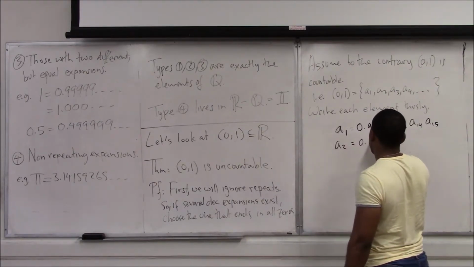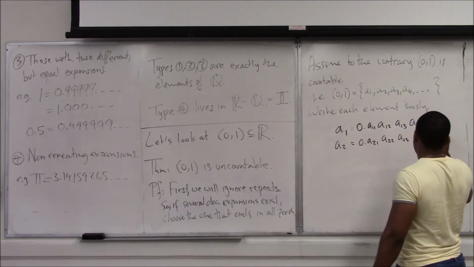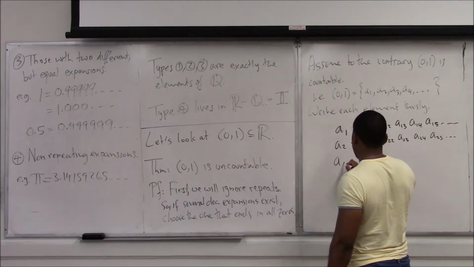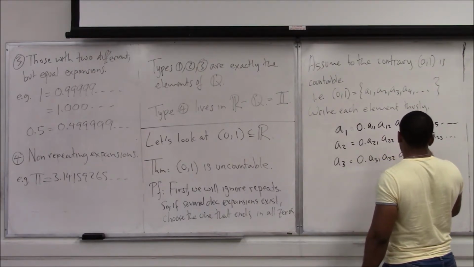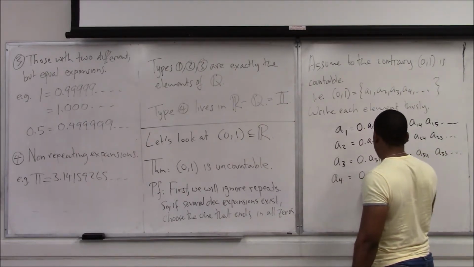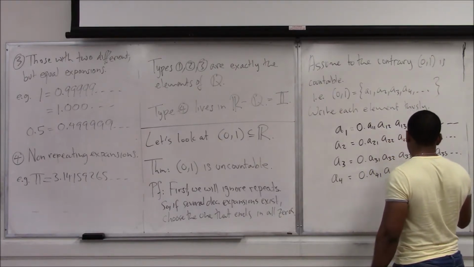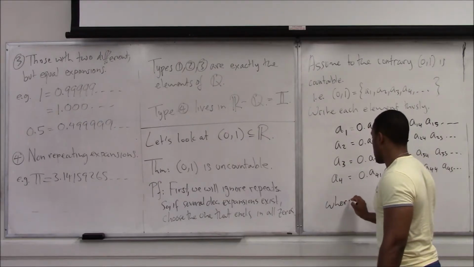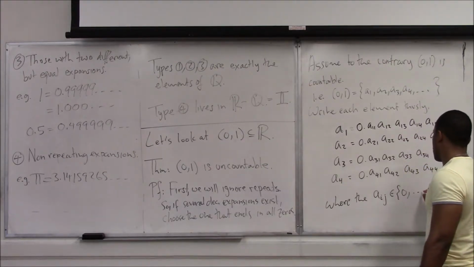A21, A22, A23, A24, A25, A3, A31, A32, A33, A34, A35, where the Aij are elements of 0 to 9, right?